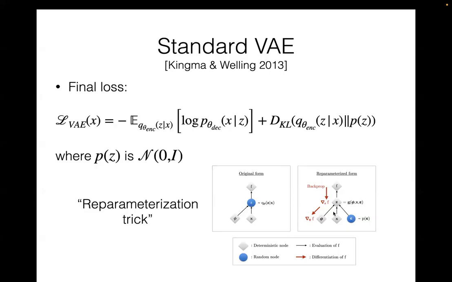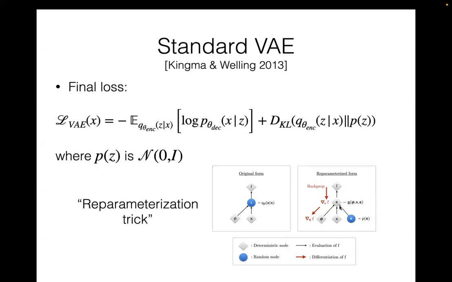But you can do this trick of reparameterizing. You can view this sampling operation as something you just do from a standard distribution like a Gaussian, and then you can view your encoder as a deterministic transformation of the random noise.